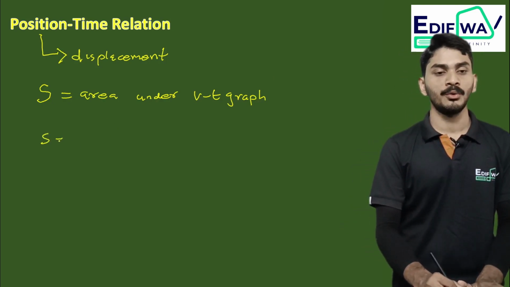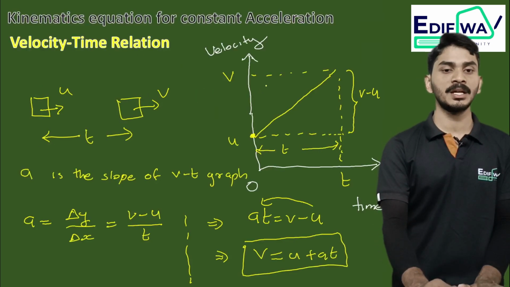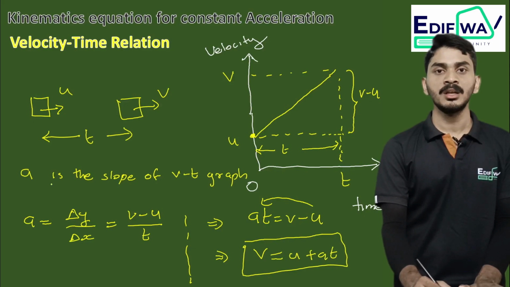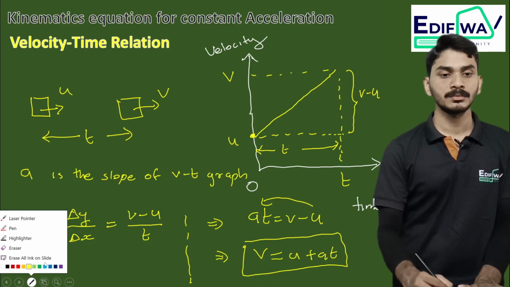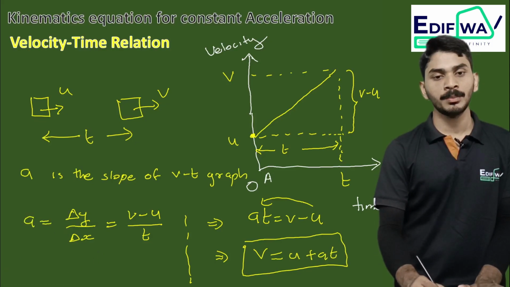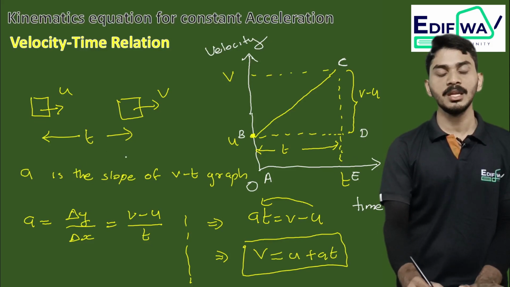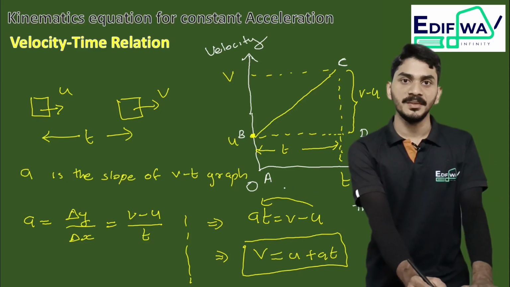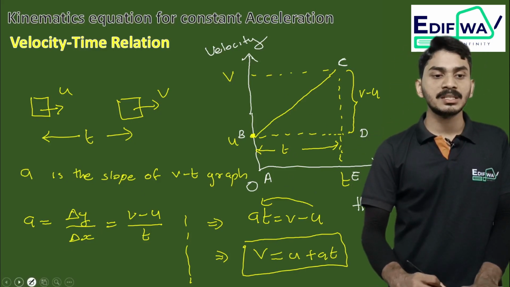Now what about the displacement? How to find the area? This is your graph, right? So let's mark some points here. Let this point be A, let it be B, let it be C, then D, E. A, B, C, D, E. Now how to find the area under this graph?